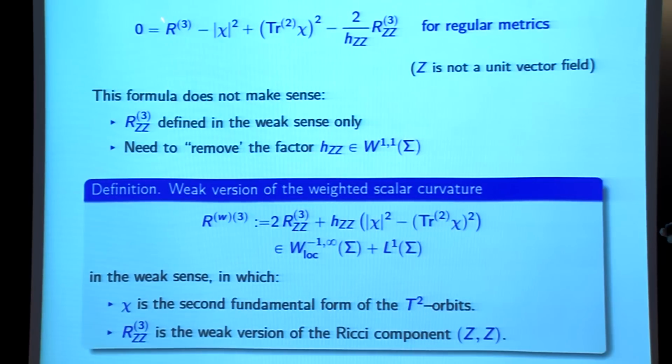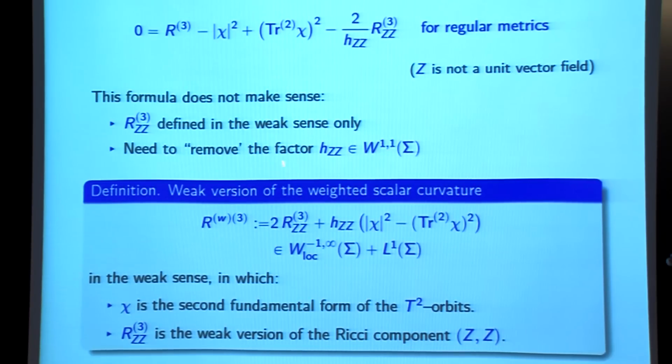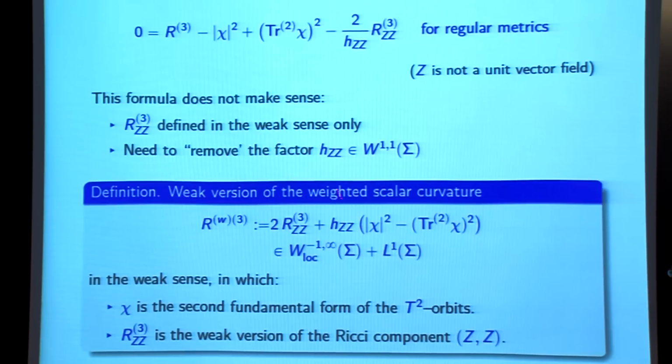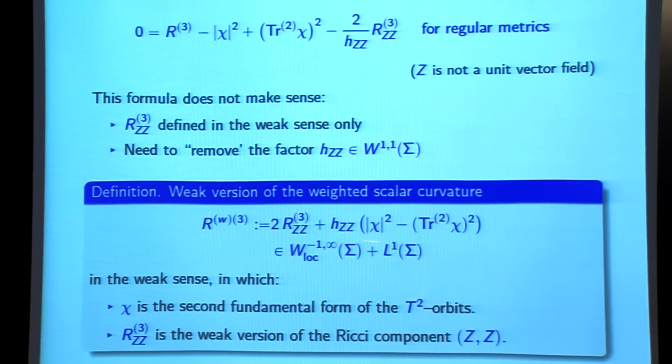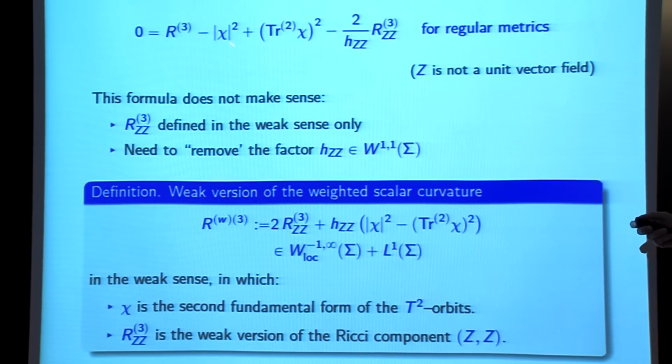We get the scalar curvature, and I put a W to mean that this is our definition in a weak sense now. I just collected all the other terms. But now, of course, this is gone here. So this makes sense as a distribution with the previous formula. And you are left here with the norm of chi, but chi was taken to be in L2.